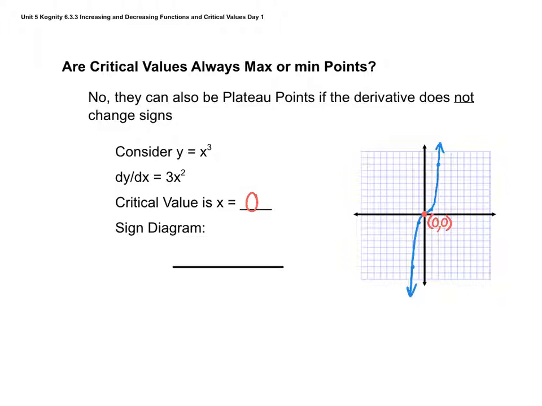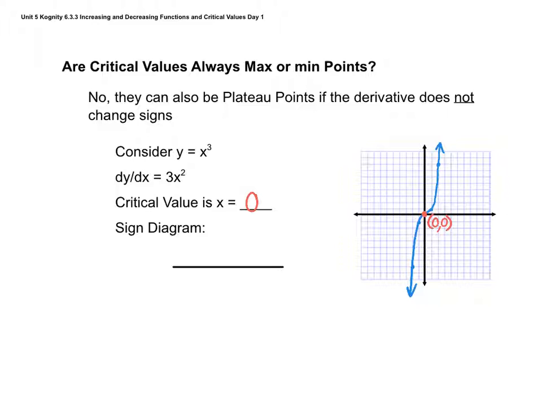But isn't the cubic function strictly increasing? Except for at 0. Because at 0, what did we just show? The derivative equals 0, so it's not increasing or decreasing there. That's why we call it a plateau point.